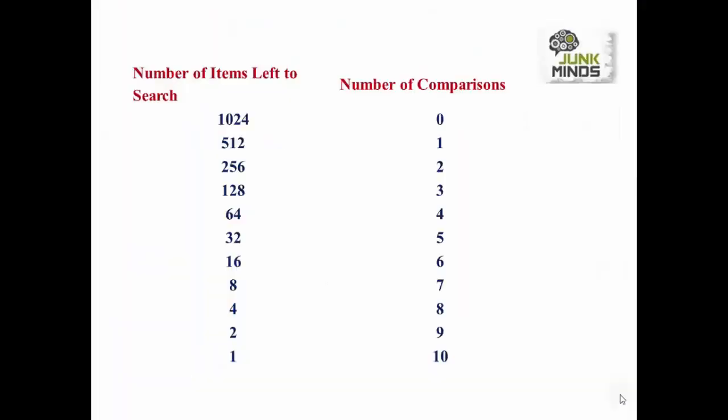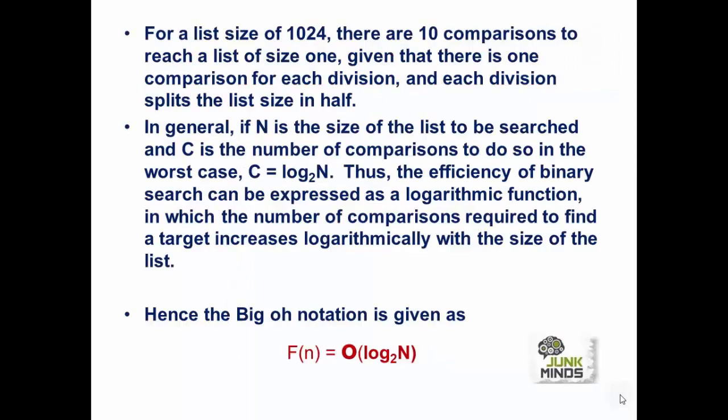So over here, what we find is that this behavior can be represented in terms of log n to the base 2, where c is the number of comparisons needed and n is the number of values. So if I want to represent the behavior of this algorithm, it is represented as order of log n to the base 2.